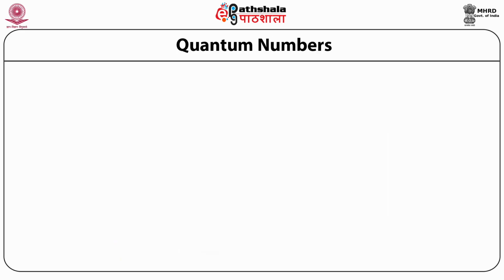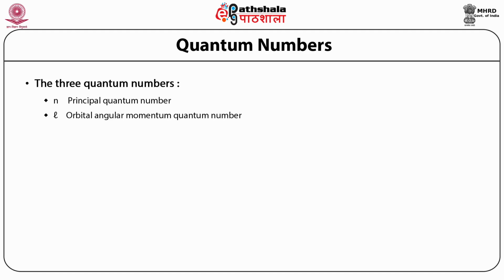So students, we have now a unique set of values of three quantum numbers: n, which is the principal quantum number, l, the orbital angular momentum quantum number, and m suffix l, which is nothing but the magnetic quantum number.